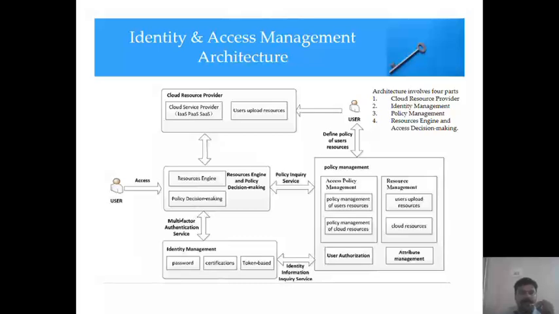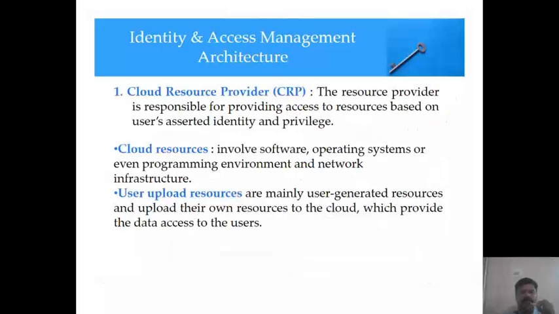He can upload the resource and he can use the services called infrastructure as a service, platform as a service, and software as a service. So the user cannot directly go to the cloud resource provider. He has to go through a resource engine, multi-factor authentication is done, and the identity is checked with the policy management, and the user has to use the resources, and only then can they upload the resources with the help of cloud service providers.